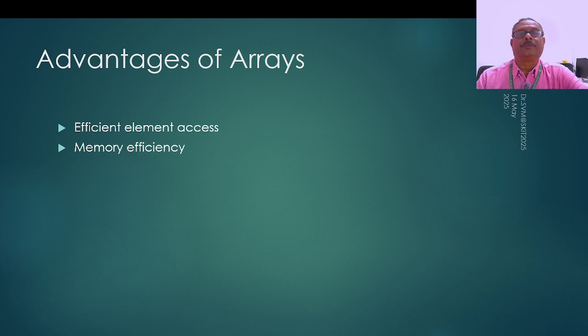In other data structures like linked lists or trees, we do require additional memory for storing the memory locations and all that. When we deal with linked lists or trees, we require additional space for every element, whereas in arrays memory is required only for storing the elements, we don't require any additional.